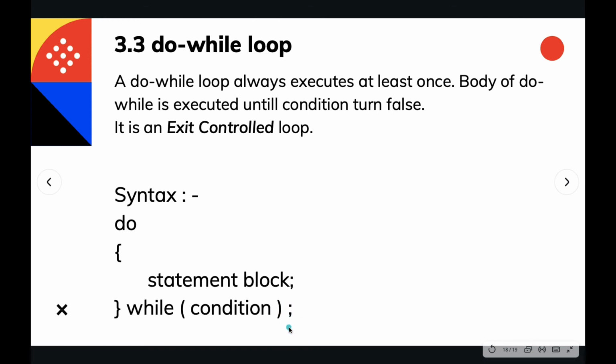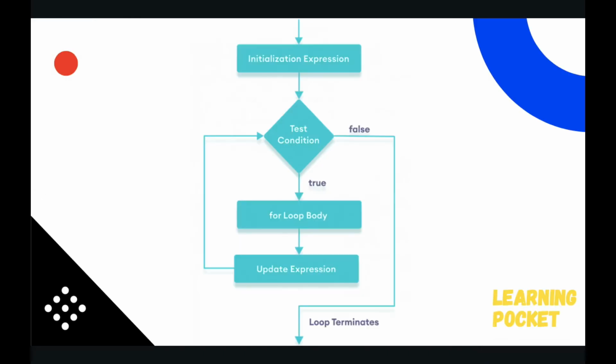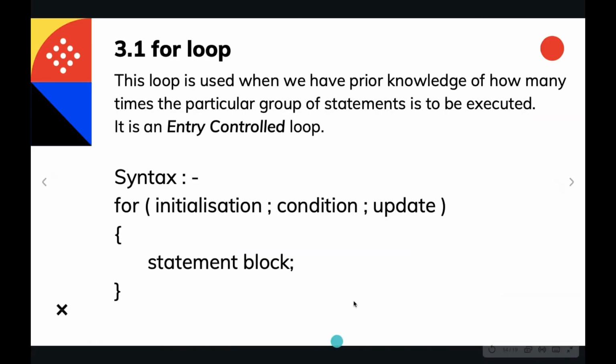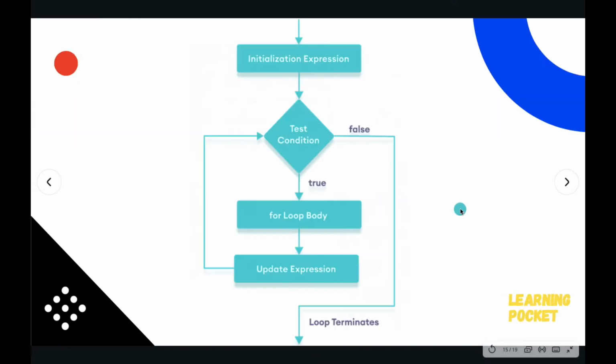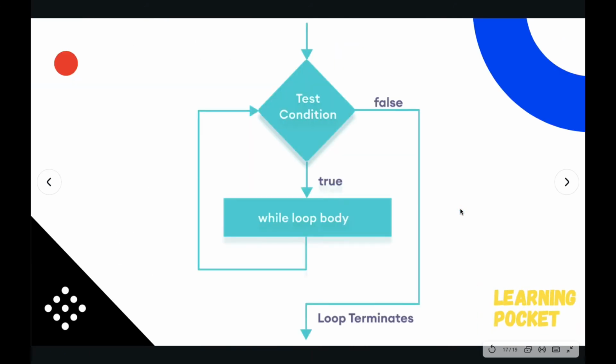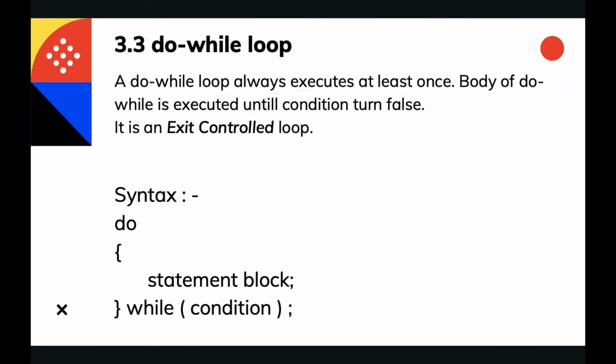Neither of the two loops we studied earlier had a semicolon at the end of the condition. So do while is the only loop that has the semicolon at the end. People generally get this error of not adding the semicolon, and you need to keep this in mind.